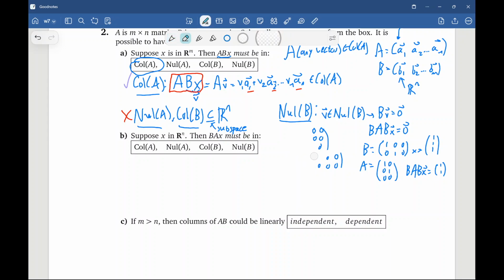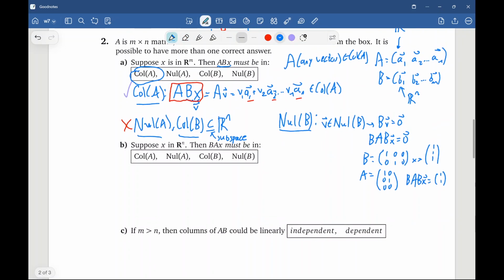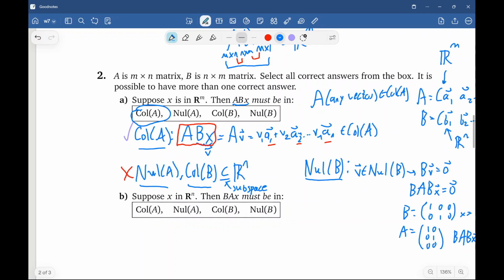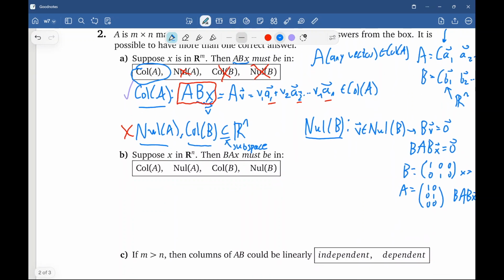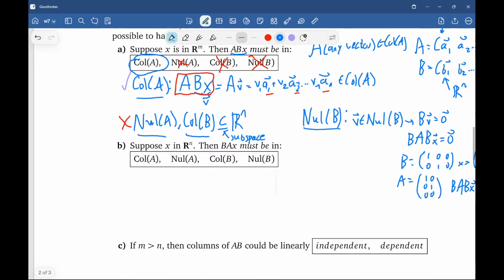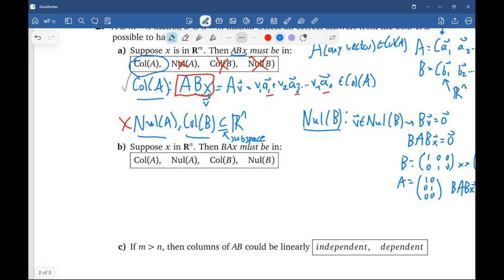But since we don't have any information about our matrices or vectors, we can't say that it's always in the null space. We could only choose this option if it were always true, but here it's only sometimes true. And then these two are never true unless the matrix is square, in which case it's only sometimes true. So that's our answer here.